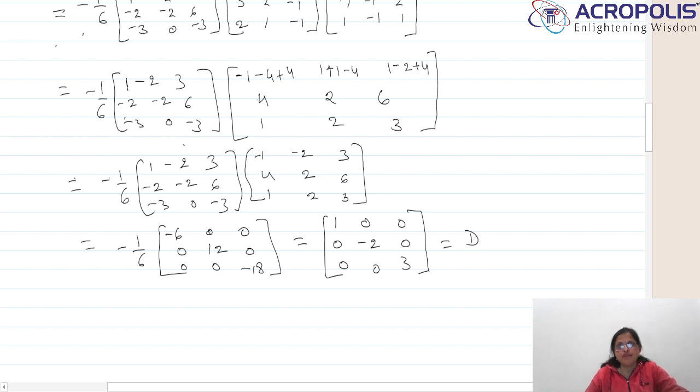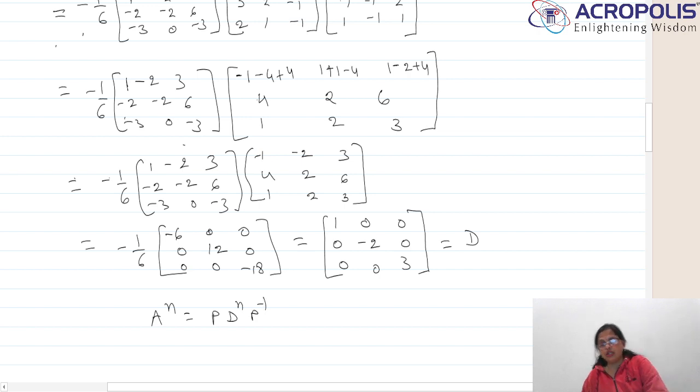Now students, with the help of diagonalization, you can find all the powers of a matrix, whether it is A squared, A cubed, A to the 4 and A raised to the power n, which is equal to P D raised to the power n P inverse.